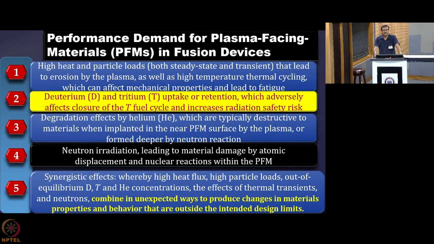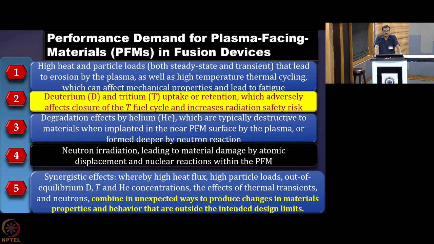High heat and particle loads lead to erosion by the plasma, as well as high temperature thermal cycling, which can affect the mechanical properties and lead to fatigue of the material. Then there is deuterium and tritium uptake or retention, which adversely affects closure of the fuel cycle and increases radiation safety risk.